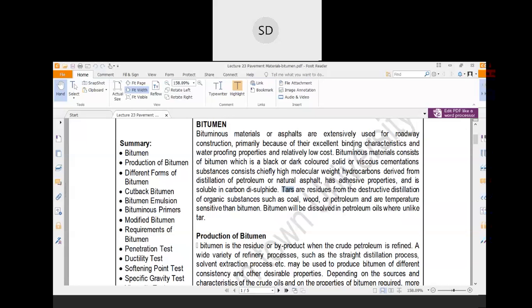These tars are produced by destructive distillation of different organic materials, and this is also a dark colored solid liquid, but the consistency or the viscosity would be lower than the normal bitumen.